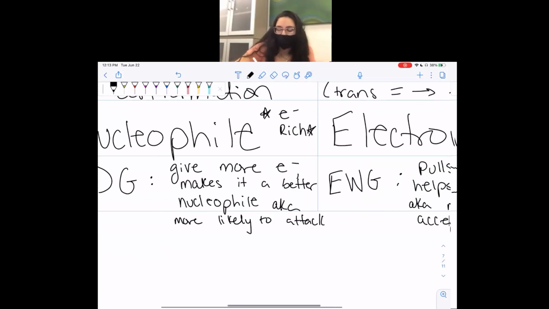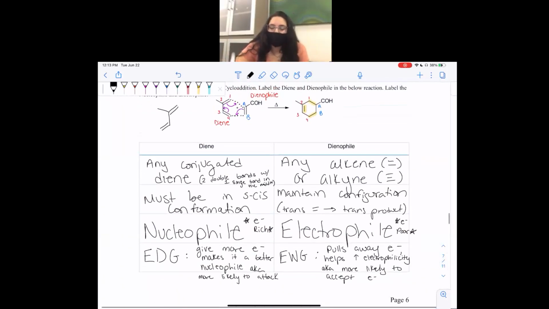That's a terrible K. And electron withdrawing groups have the opposite effect. So they're going to take away electron density. And since our electrophile wants to be electron poor, it wants to be attacked, it wants to be positive, we want to have those electron withdrawing groups to pull away the electrons and make it more likely to be attacked.